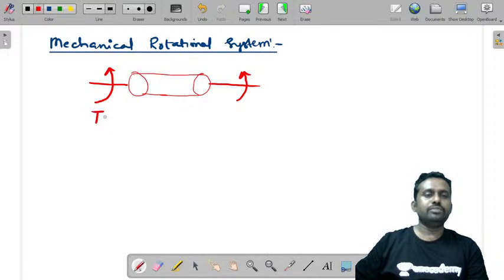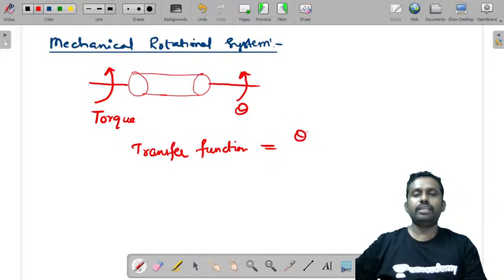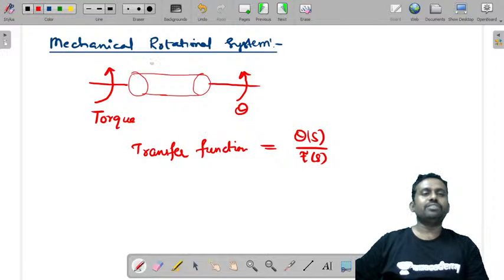Generally the input to this will be a torque and the output is the angular displacement. So the transfer function corresponding to this will be theta of s by T of s, or capital T of s, you can denote it. So this is the transfer function corresponding to a mechanical rotational system.